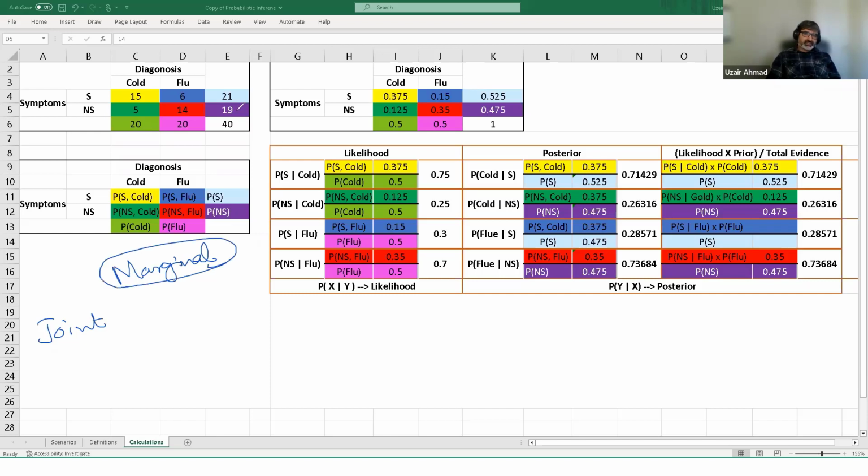It will come from the margins of the table. Joint probability, you know what it is. It is coming from these counts divided by total. The ratio of marginal and joint is conditional. Conditional is equal to joint probability divided by marginal.